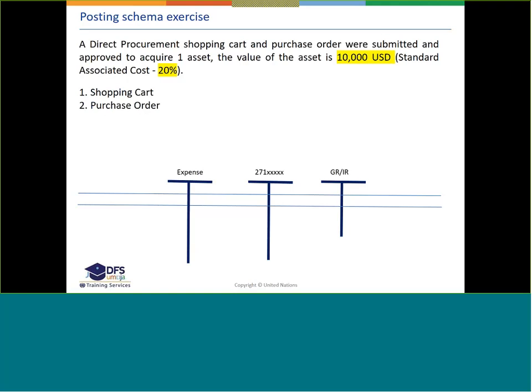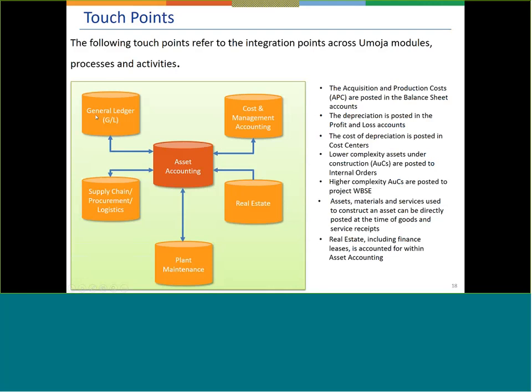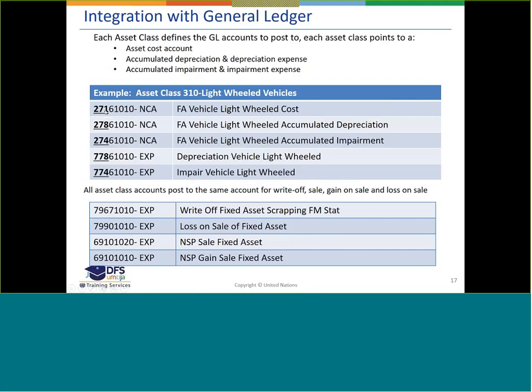Can you please tell me what would be the posting in the account 271? The account 271 is the one I told you on the previous slides that will contain the acquisition value of the asset. Then 278 is for accumulated depreciation, and 778 is for expense.